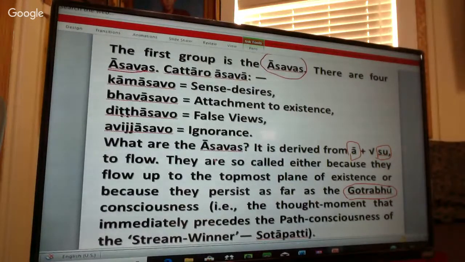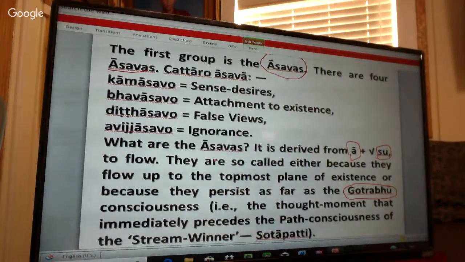This is a boundary, like if you go to Canada you need to pass the border agency. Gotrabhu Citta is the borderline between the common person and the noble person.